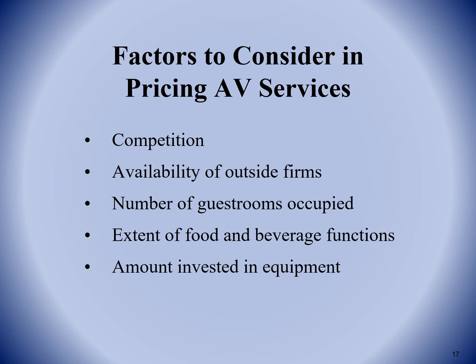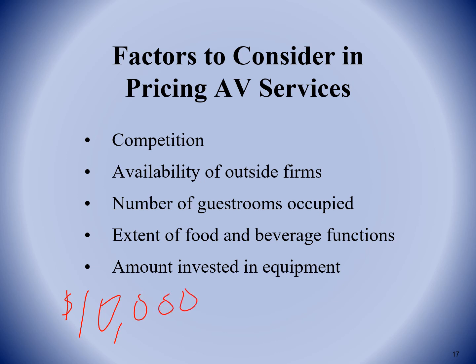And then we also want to figure out, if we have invested in the equipment, that we recoup that cost. Let's say the equipment cost us $10,000. This is just a basic example.